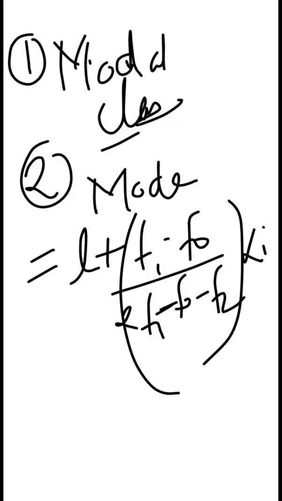Let's have a look at this picture, which says mode is equal to L1 plus (F1 minus F0) divided by (2F1 minus F0 minus F2), into I.